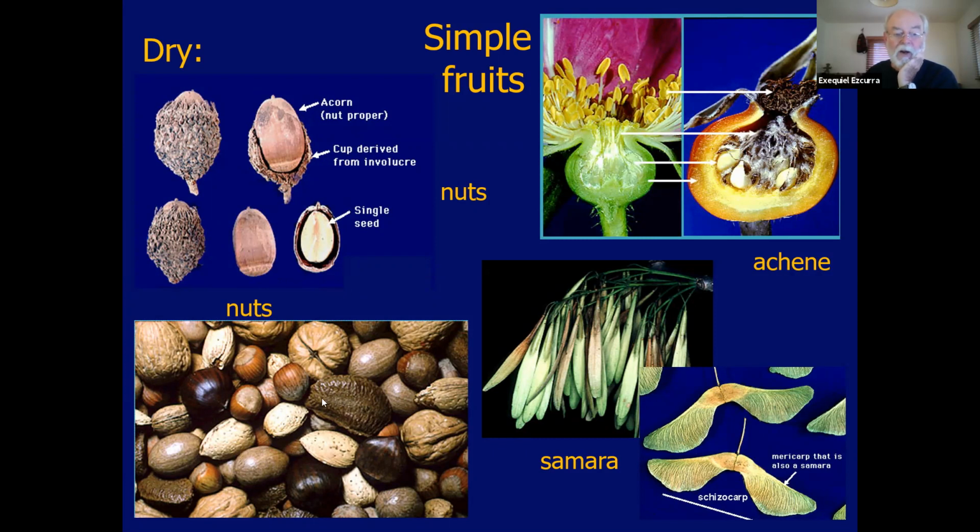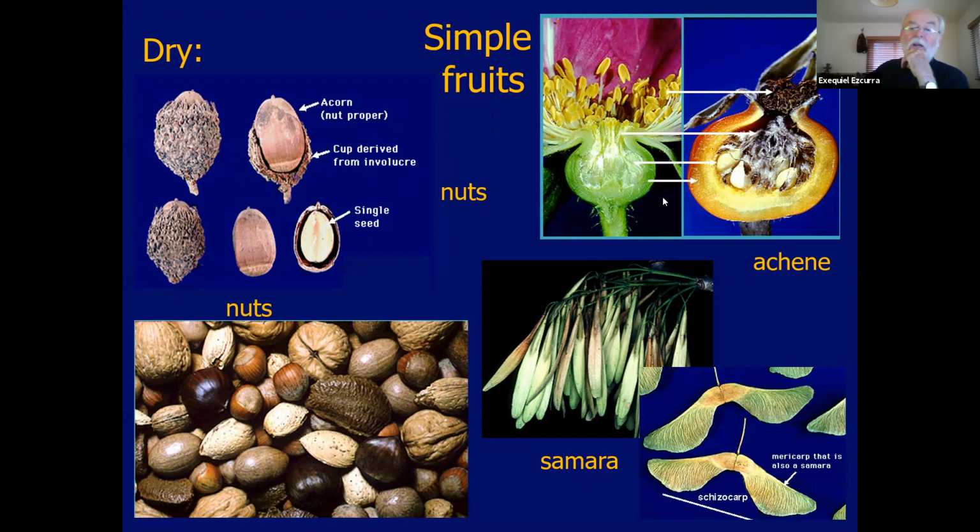Nuts can be from many different families. Taxonomically, nuts are produced by many different trees, from tropical trees to temperate trees. And then within the category of the smaller nuts, you have the achenes.